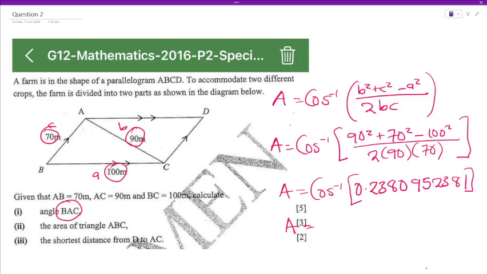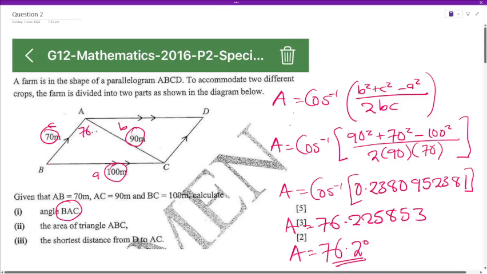That gives me 76.225853. Remember, we said angles, you need to round them off to one decimal place, so it's going to be 76.2 degrees as the angle at A, 76.2 degrees.